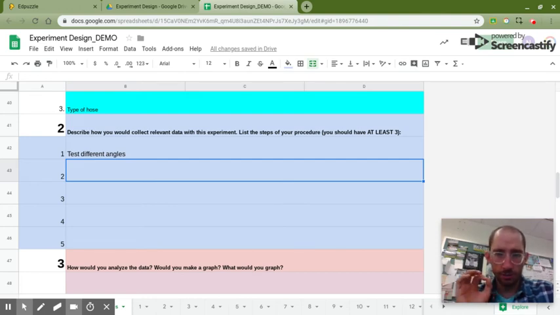But imagine this as literally a procedure that you're writing. Remember, we're trying to do away with me, the teacher, or the textbook company handing you the procedure for an investigation. I want to give you guys practice and opportunity to design a procedure of your own investigation.